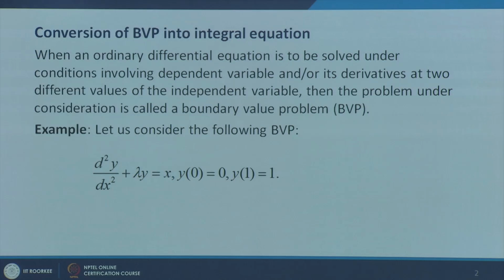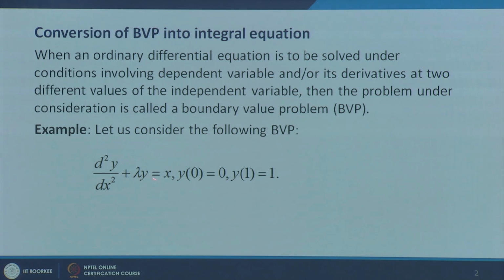When an ordinary differential equation is to be solved under conditions involving the dependent variable or its derivatives at two different values of the independent variable, then the problem under consideration is called a boundary value problem. Let us consider the following boundary value problem.